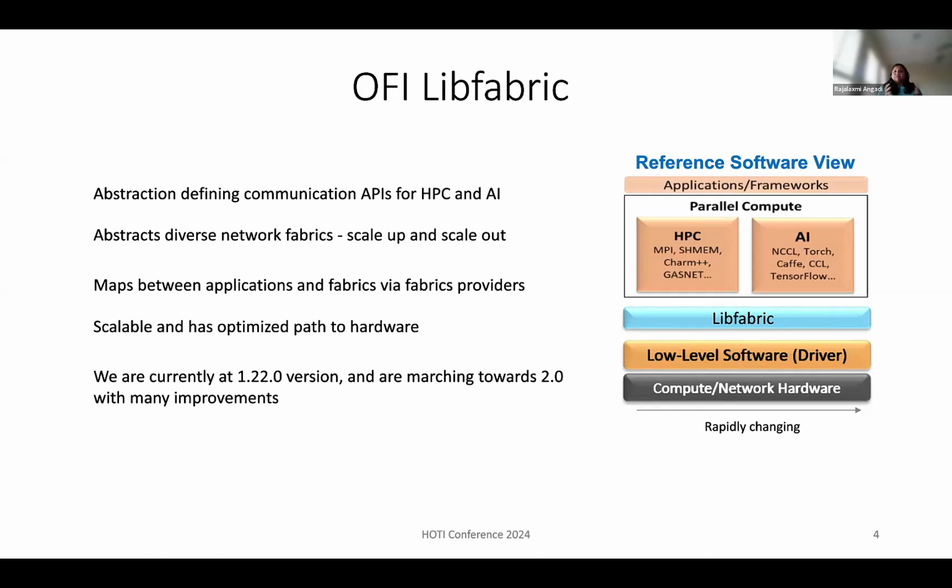So Libfabric is trying to help bridge these evolving changes at both ends, at the application end and at the lower hardware end as well. Today with Libfabric, we are at 1.22.0 version, and we are marching towards 2.0 by the end of this year with many enhancements, and it is supported on different operating systems as well.